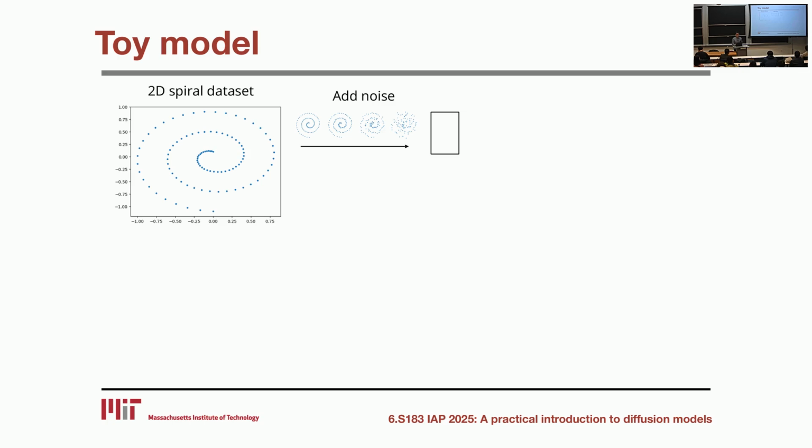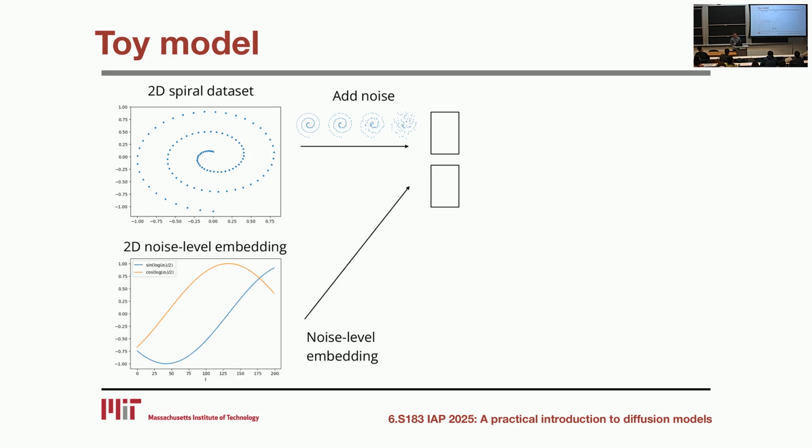And this will be one of the inputs to the model. As for the other input to the model, you want to add the noise level. The model needs to know what level of noise we're adding. To do this, we embed the noise level into another 2D vector, and we concatenate these two together as inputs to our model.